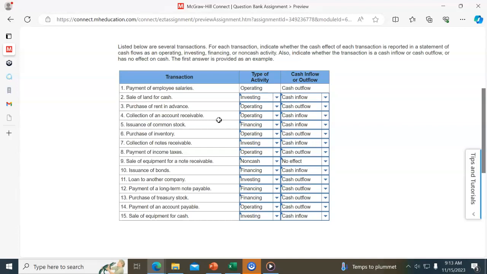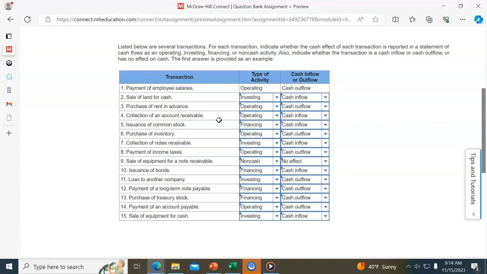Operating. Sale of equipment for a note receivable, non-cash. Issuance of bonds. Do you understand why it's financing? Financing is issuance of stock, paying dividends, or borrowing money or paying back money.